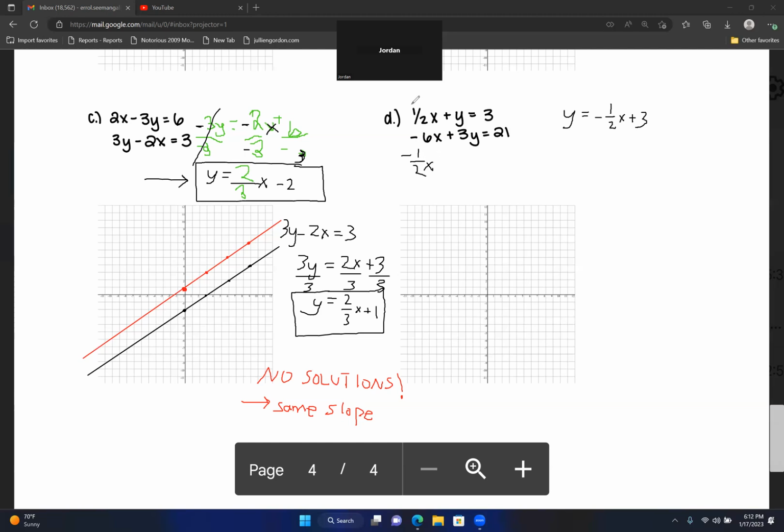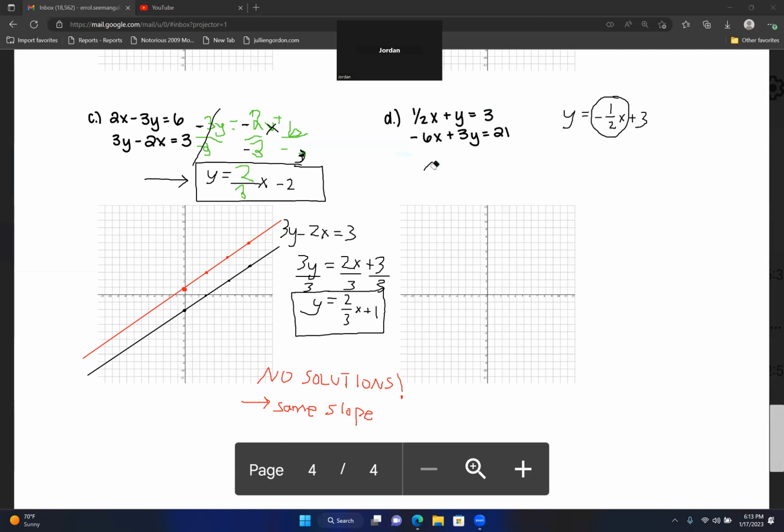The way the school teaches them is to subtract half x on both sides. So if you do that, those cancel, but you also have to do it on the right side: minus half x plus 3. See this negative half x? That's this one right here. So it has to be negative half x on the right side. All right, so that's the first one.